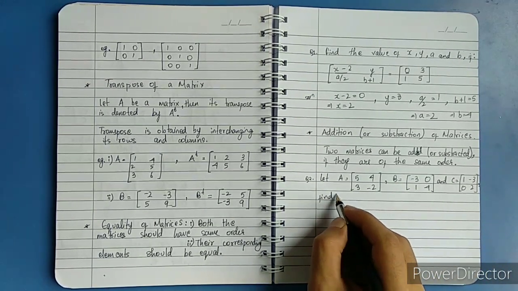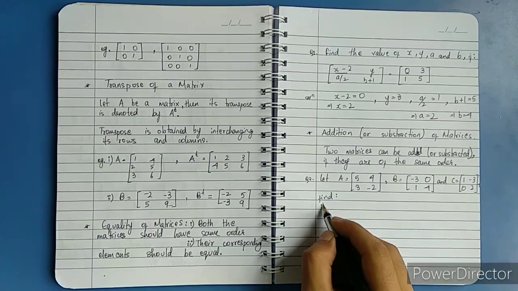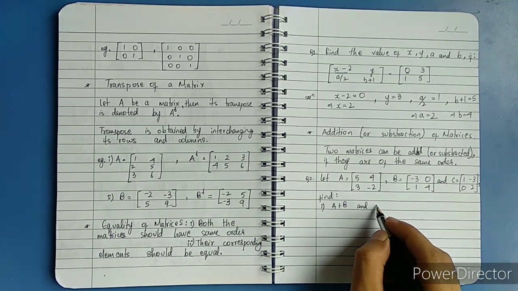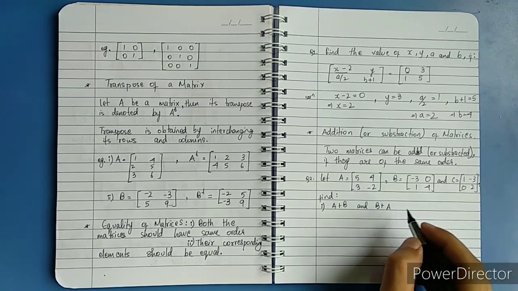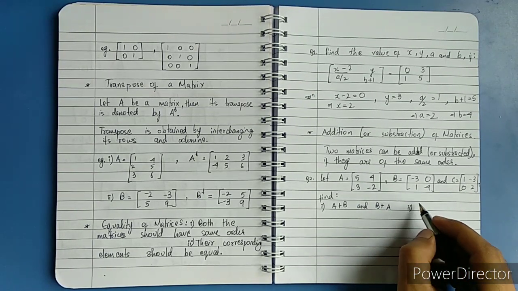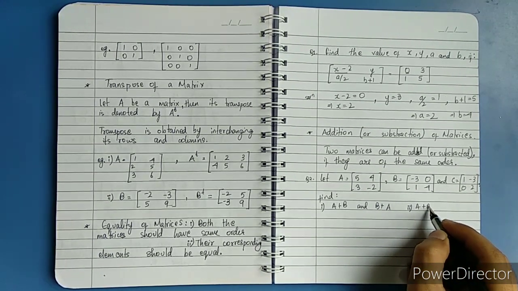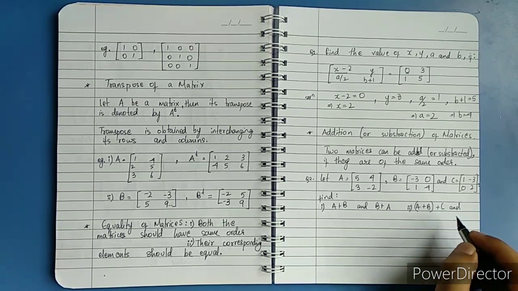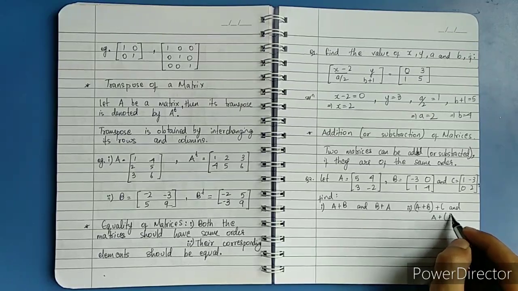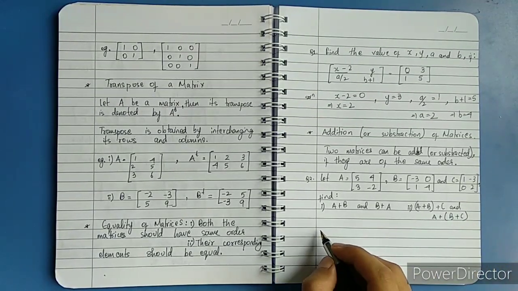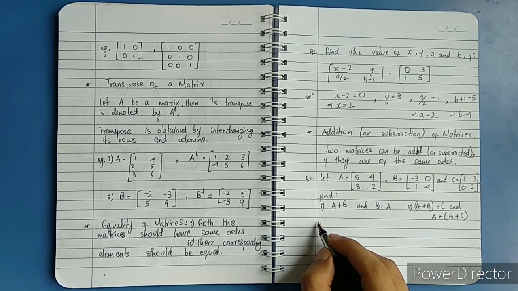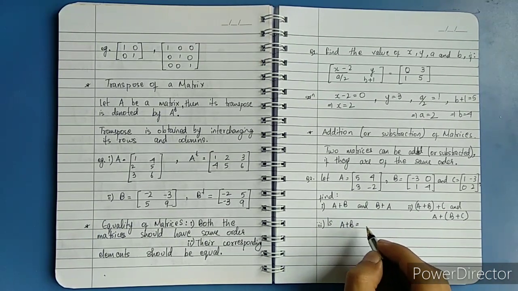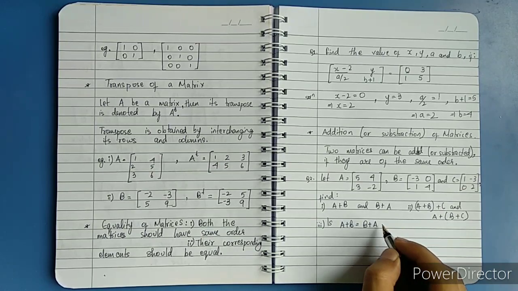Find number 1, A plus B and B plus A. Number 2, A plus B plus C and A plus B plus C. Number 3, is A plus B equal to B plus A?